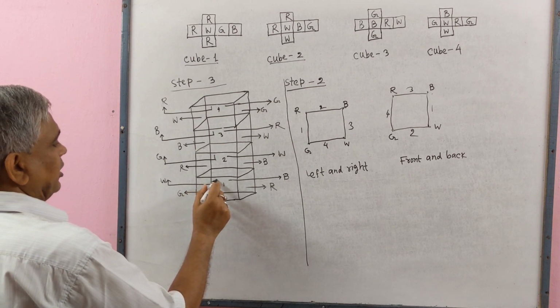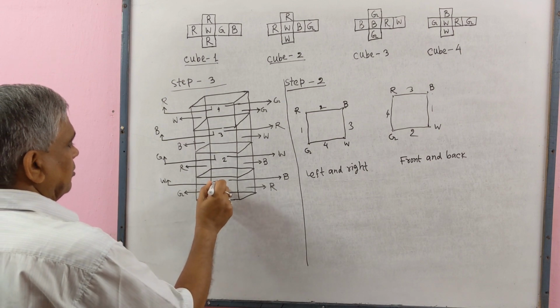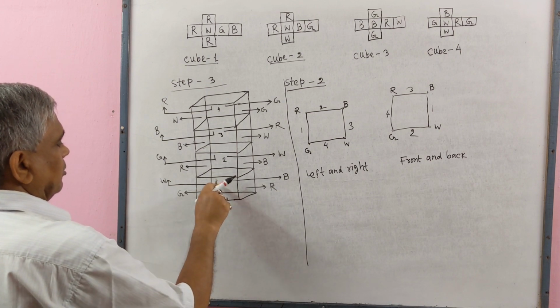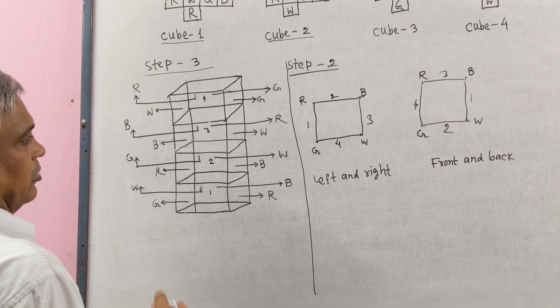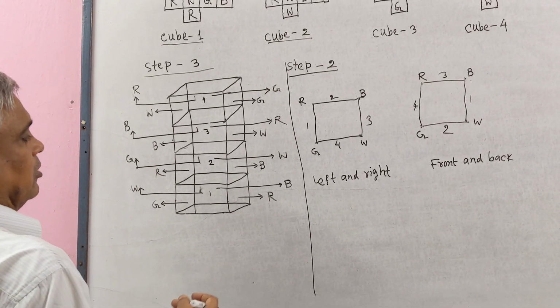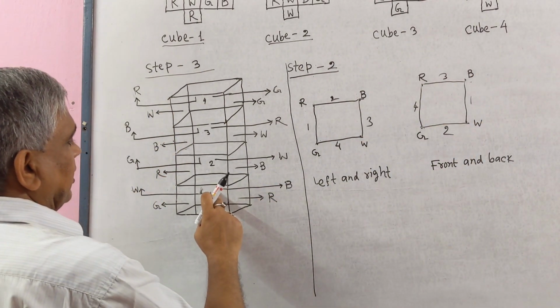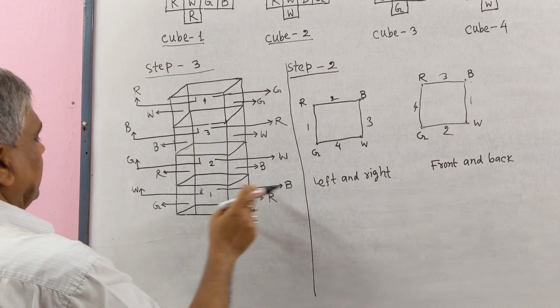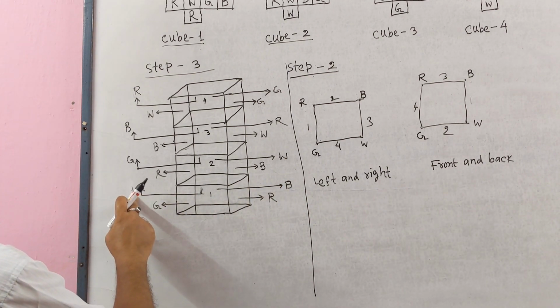For the back side we have given this type of denotation, that means inside, the back side. So for number 1, B and W, we give the color B on the front side, then color W on the back side for the first cube.